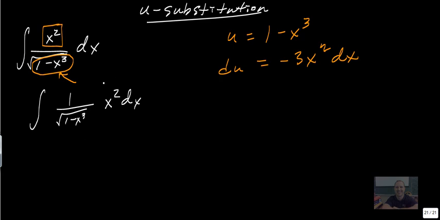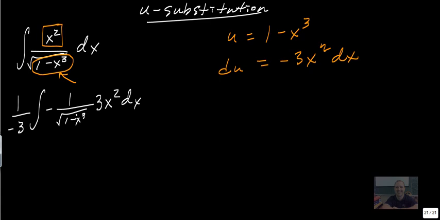I need a negative 3, so let's put a negative 3. You can put it anywhere. I'm going to have to put a negative 1/3 outside, because whatever I do here, it has to multiply to 1. So if I put a negative 3 in there, I have to put a negative 1/3. Negative times negative is positive, 1/3 times 3 is 1.